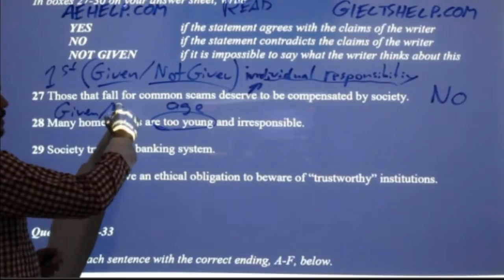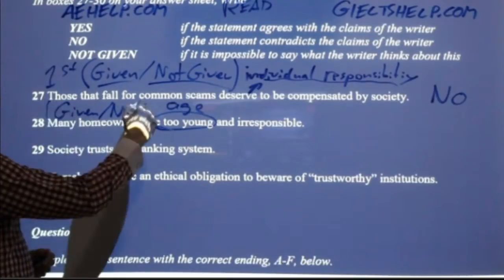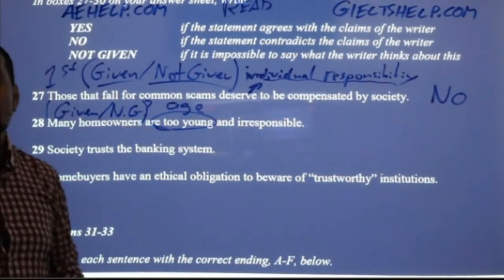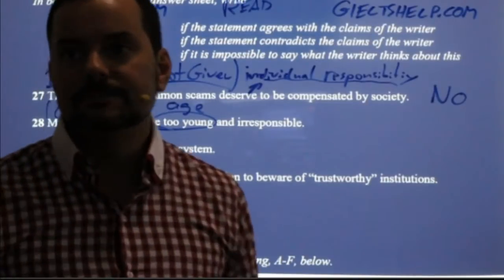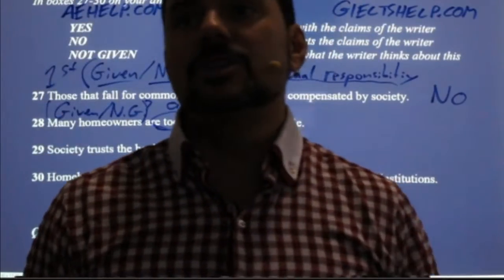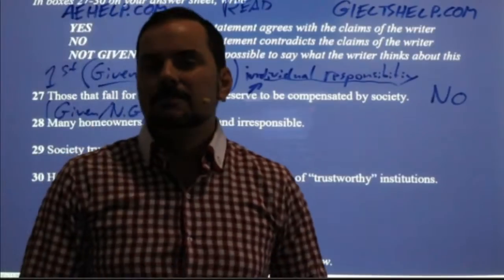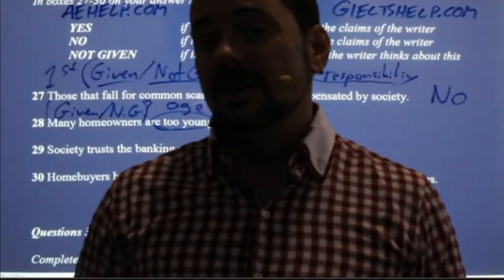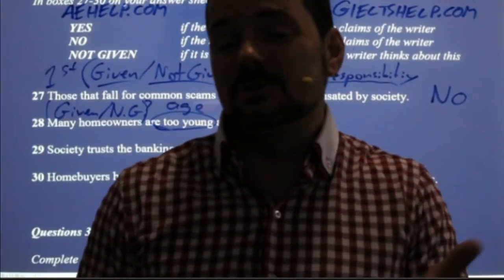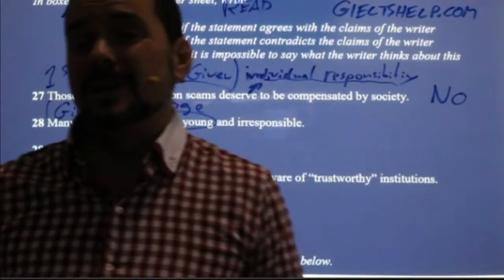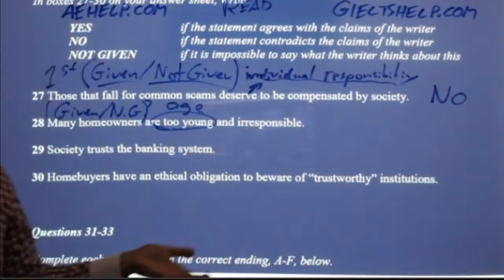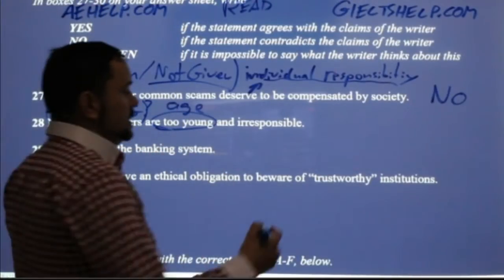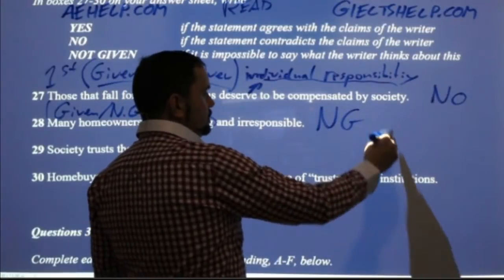Is it important to know the age of the people who are buying their house? So Abhishek says it's not important, it's too much detail, plus it doesn't really matter. If I buy a house for $1 million when I'm 60 or if I buy it when I'm 20 and I can't pay back the money, it doesn't really matter, right? So why would the author talk about that? So this one is not given.